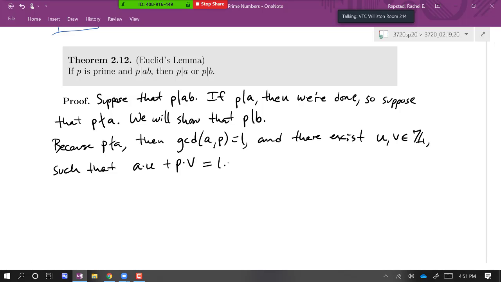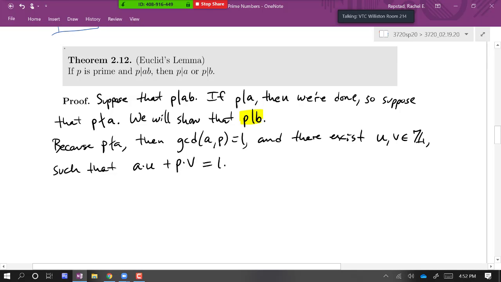We are trying to show that P divides B, and what is conspicuously absent from this equation? B is absent.